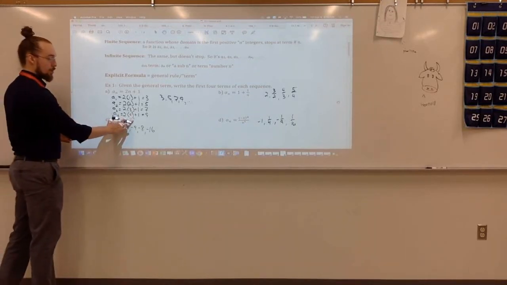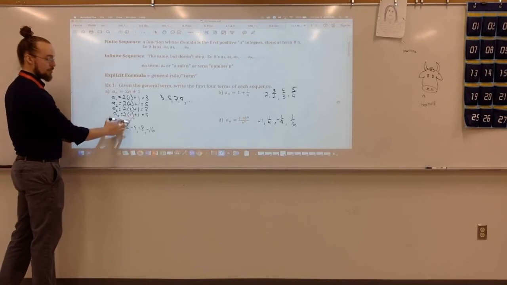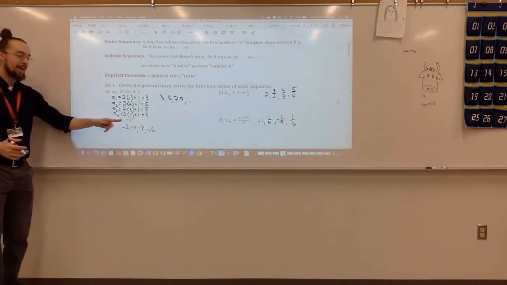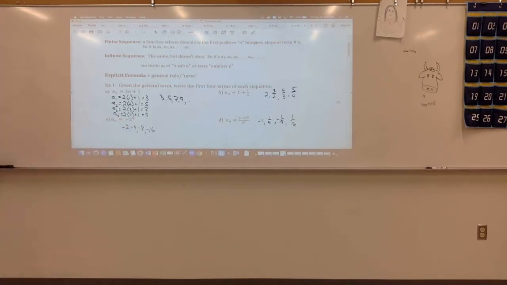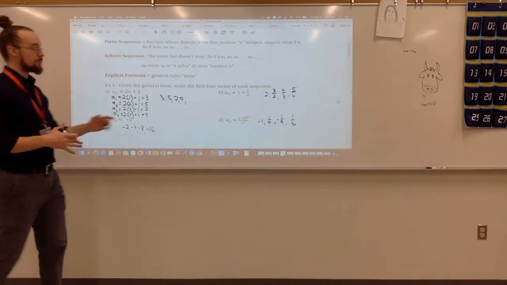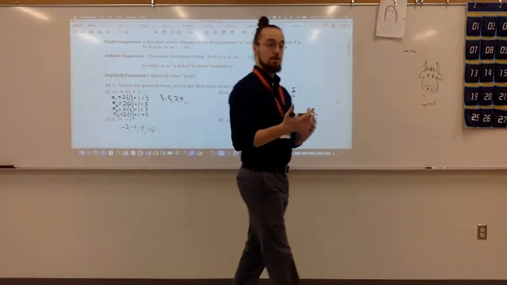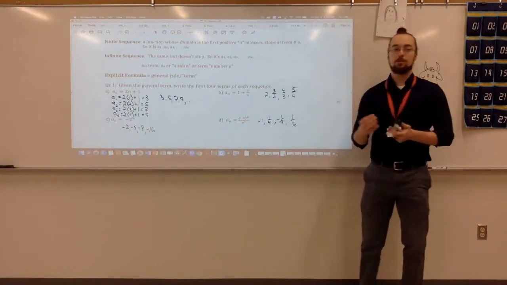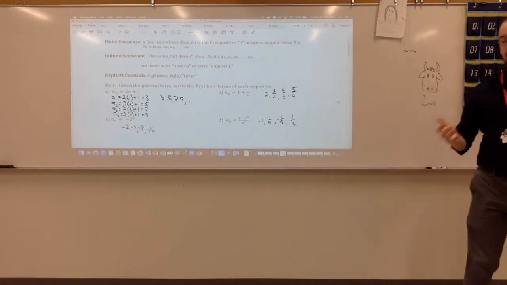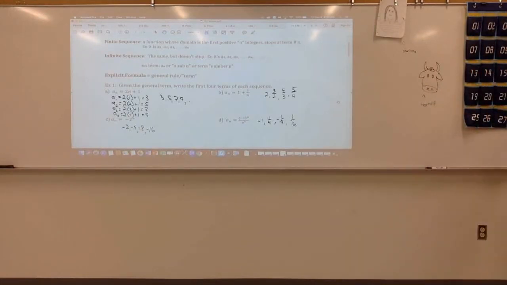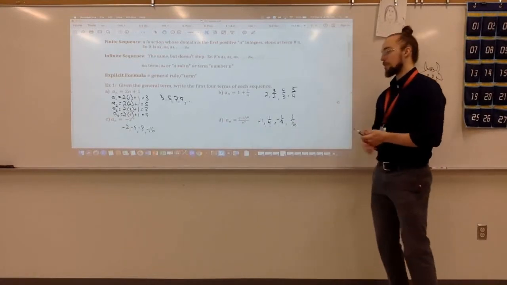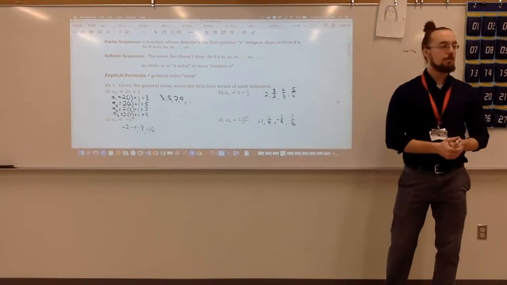So in terms of order of operations, since there aren't parentheses, we would have to do the power first and then take the negative sign into account. So for this one, all the terms will end up being negative. For D, the signs alternate because we have -1 to the n power. So -1 to an odd power will be -1. -1 to an even power will be +1. So that's why the signs alternate for D, but not for C.